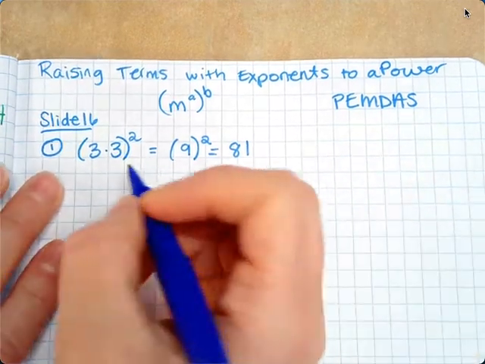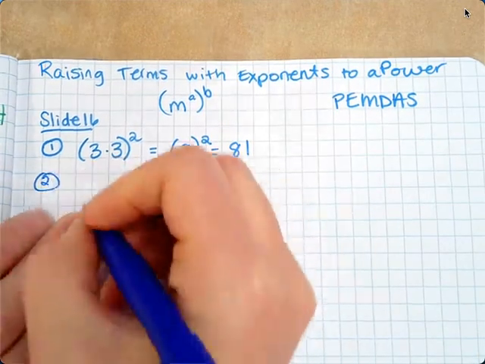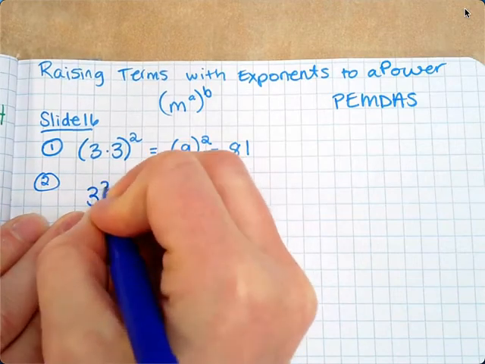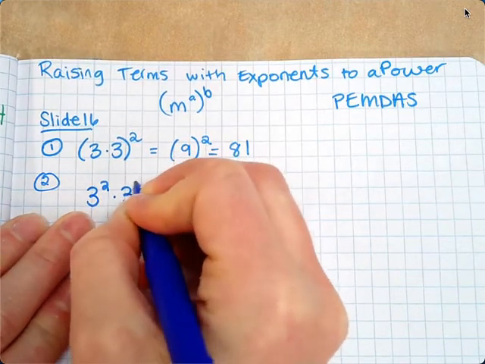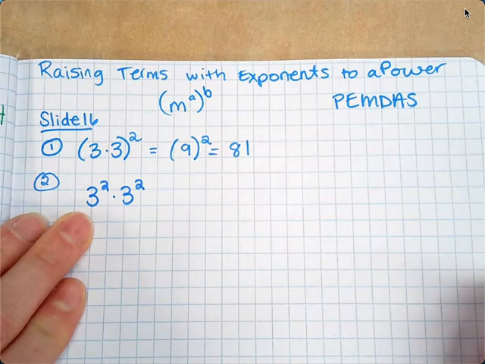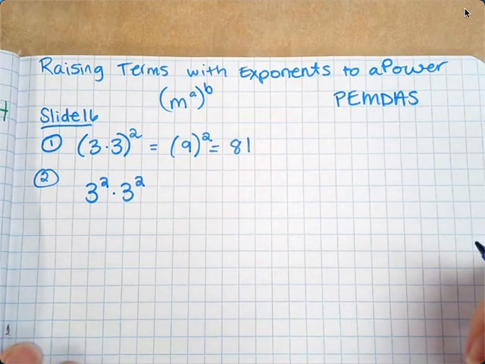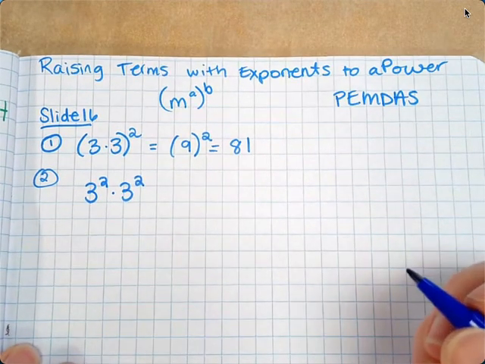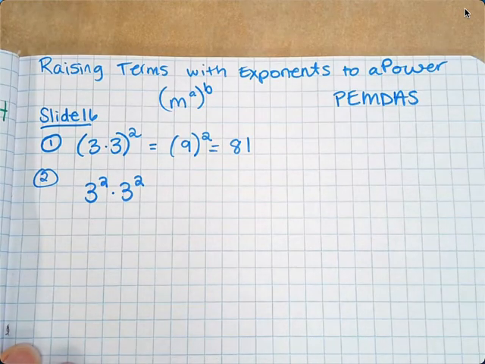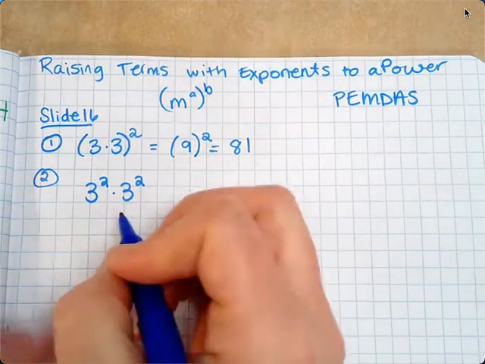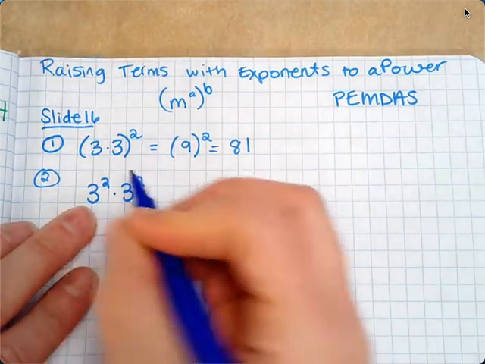Okay, let's do another one. Let's do 3 squared times 3 squared. What do we do on this one?